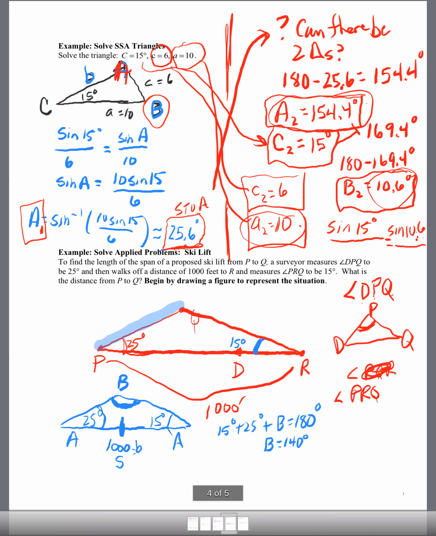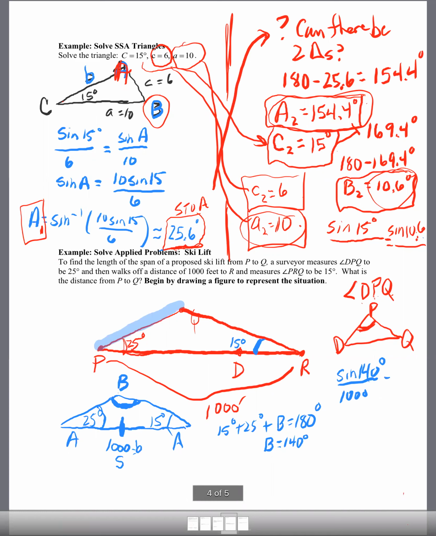Why do I go and find that angle? I have to have a pair of information. So the easiest thing to do in an ASA triangle is to find the other angle that's missing. Now if we go in there and say, okay, well, it looks like the sine of 140 degrees is compared to 1,000.